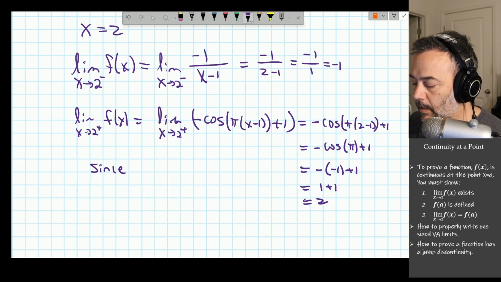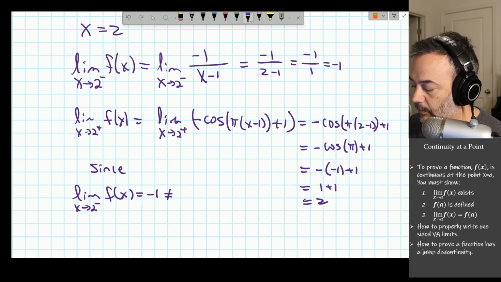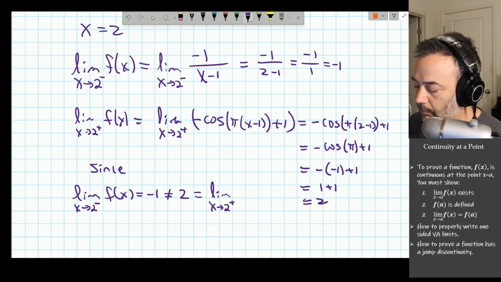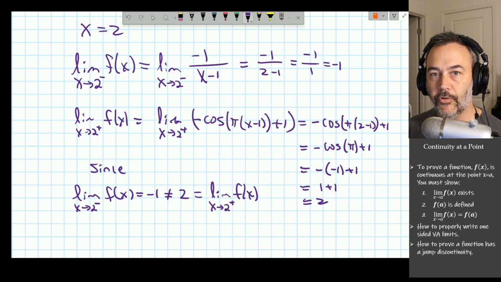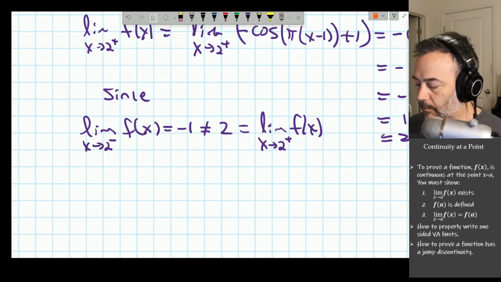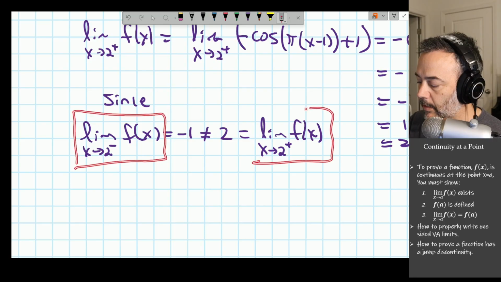A compact way of writing this up could be: since the limit as x goes to 2 from the left of f of x equals negative 1, which is not equal to 2, which is equal to the limit as x goes to 2 from the right of f of x. Everything I wrote here is true. The key here is this does not equal this.